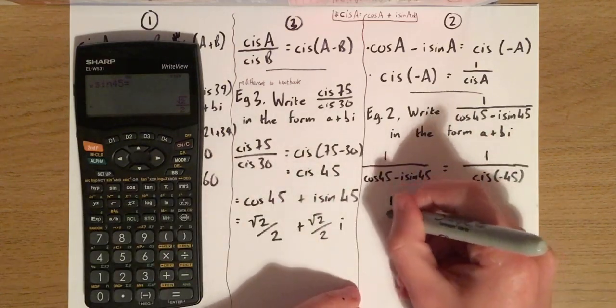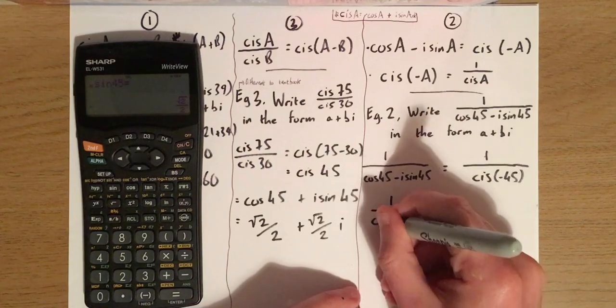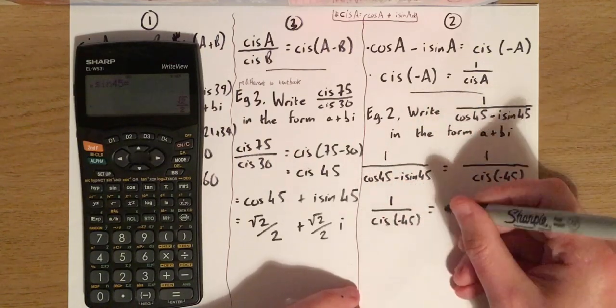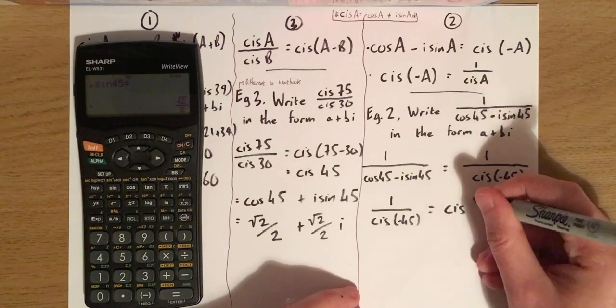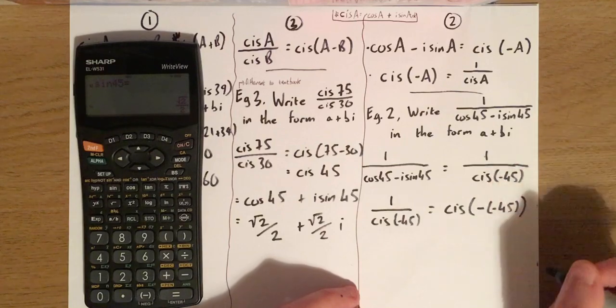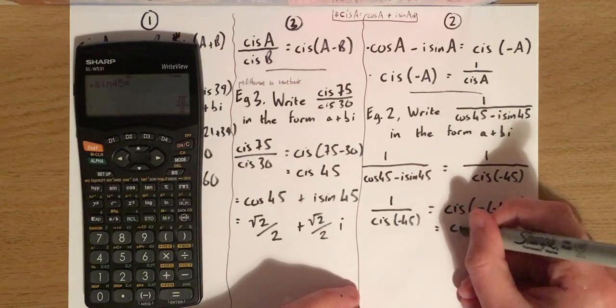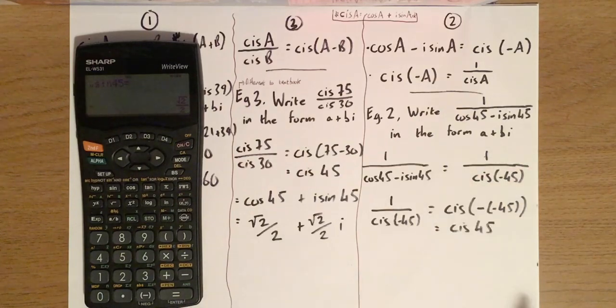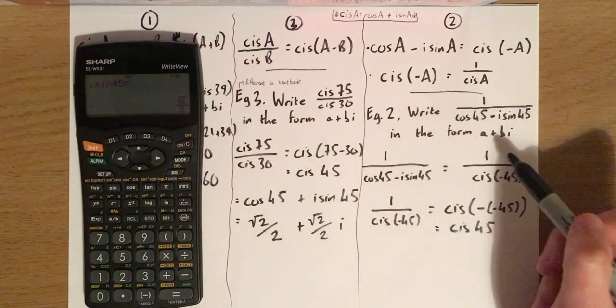So 1 over the cis of minus 45 is equal to the cis of 45. We're then just asked to write that in rectangular form.